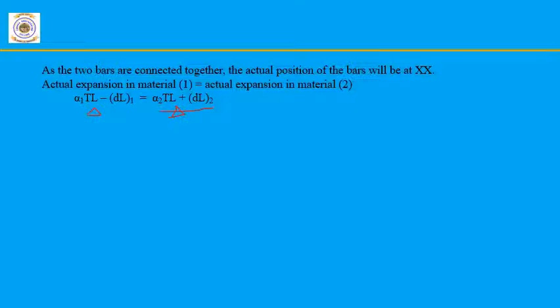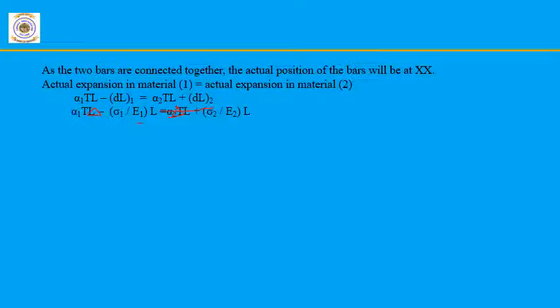And this delta L1 is the expansion. We can write that as PL divided by AE. So P by A can be written as sigma 1, and the Young's modulus is different for the first material, therefore E1. The length is the same.